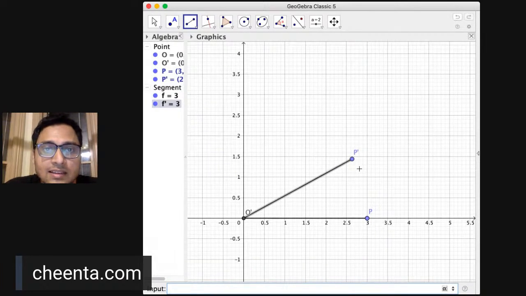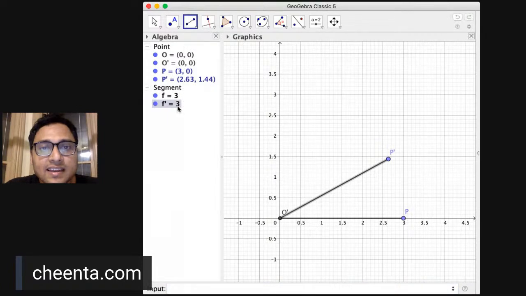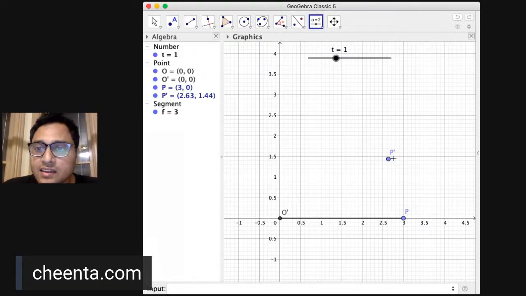Let me do one thing. Let's animate this, it will be fun, just to make sure that we all understand what's going on. Let's take the point t and range it from 0 to 3. Okay.